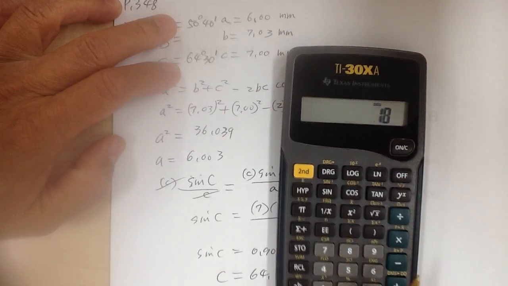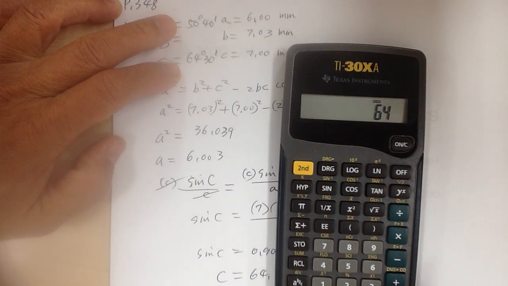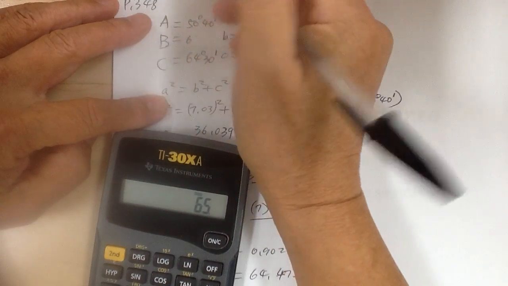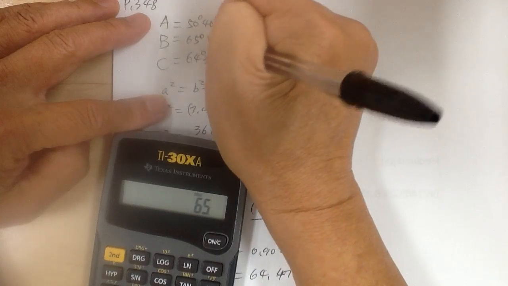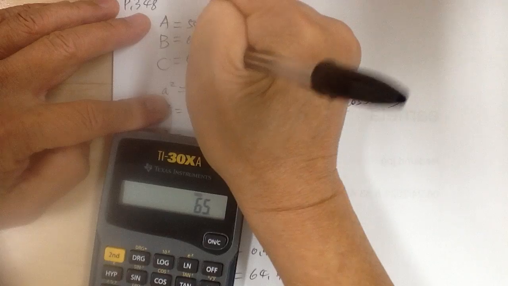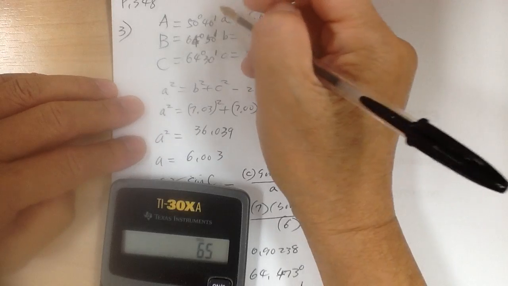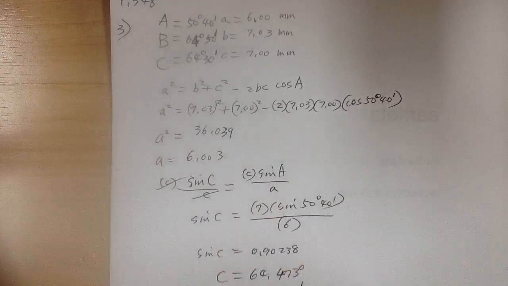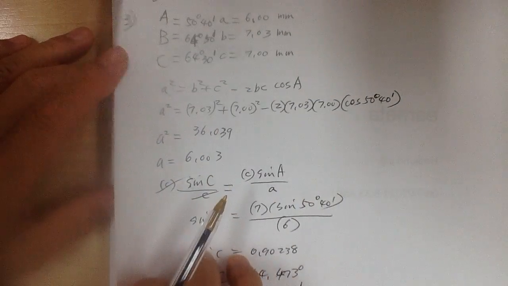So 180 minus 50 minus 64 minus 1 gives 65 degrees and 50 minutes, 64 minutes converted. Do a quick check, and that's it. Whenever you have this kind of situation, avoid looking for the biggest angle, so you don't have to worry about the second case.